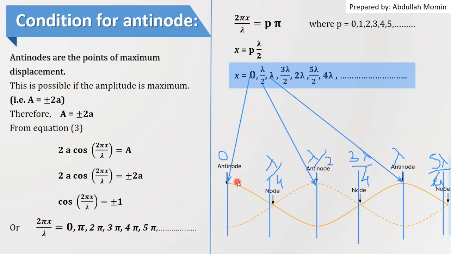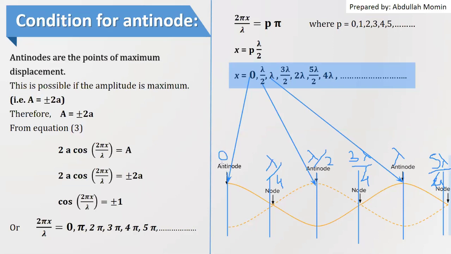First antinode we are getting at a position x is equal to 0. Second antinode we will get at a position x is equal to lambda by 2. And third antinode we will get at a position x is equal to lambda. And these are the positions of antinode. Now we are going to find out the distance between two successive antinodes.